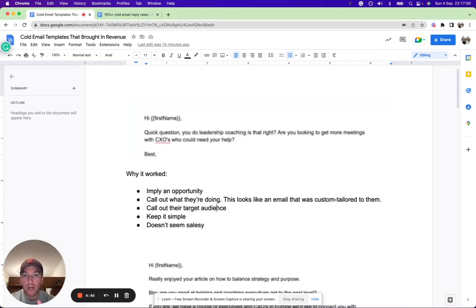Let's say you're targeting branding agencies whose customers are e-commerce stores, for example. So let's say you're sending a cold email to a branding agency to help them get more meetings. Think about, okay, who are the customers of the branding agency? It could be e-commerce stores or any direct to consumer product.